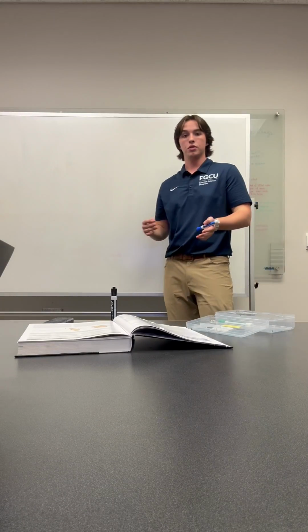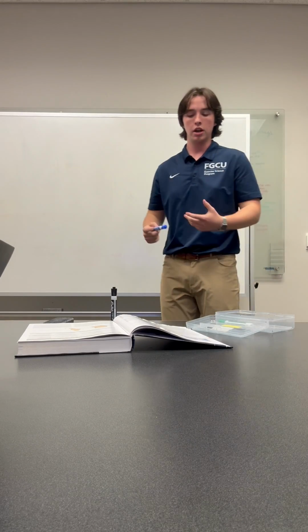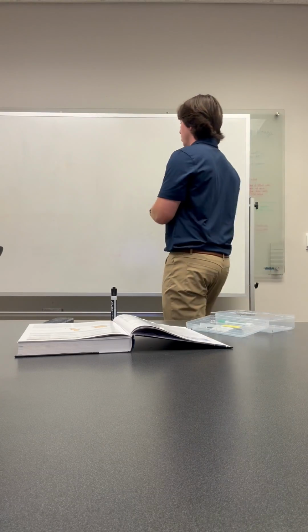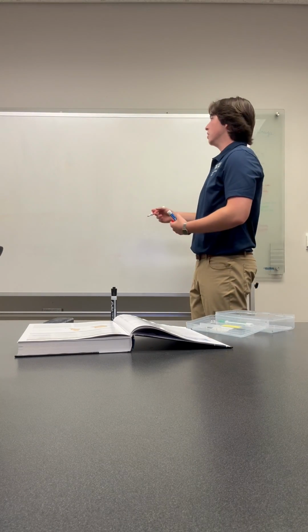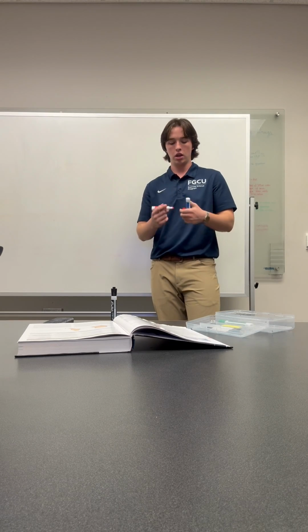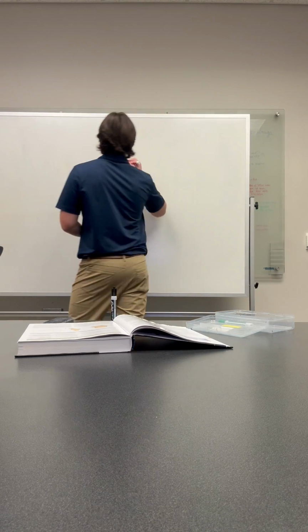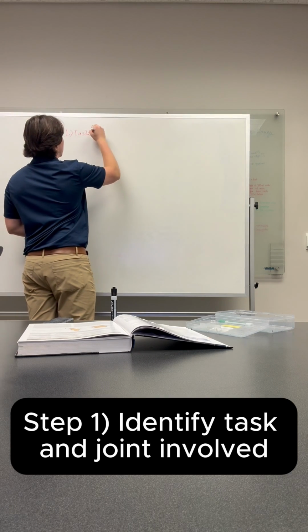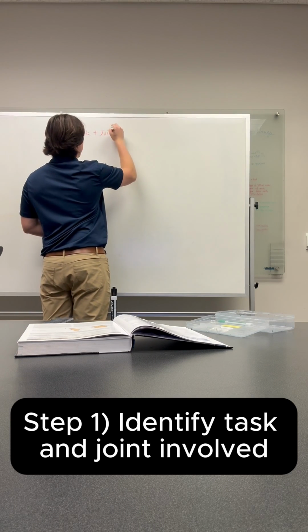When you're doing line of force, it has three different components, in my mind at least. There are three phases when you're performing the analysis of the motion. Again, this is just the way that I look at it, but I think it's a helpful way to look at it. You have the first phase where you're looking at the task and the joint that you're looking at.